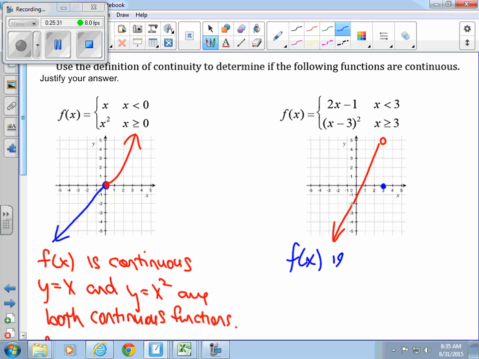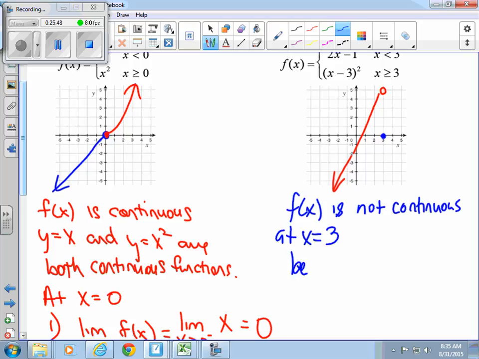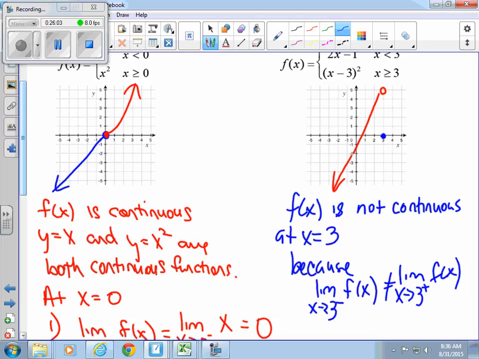The limit does not exist. So this function is not continuous at 3.